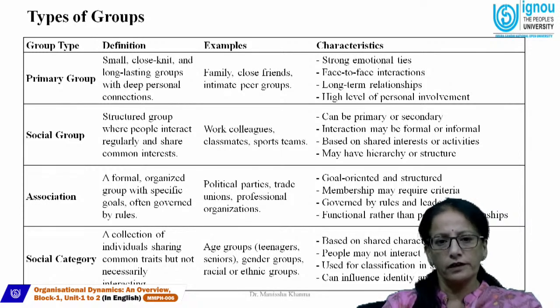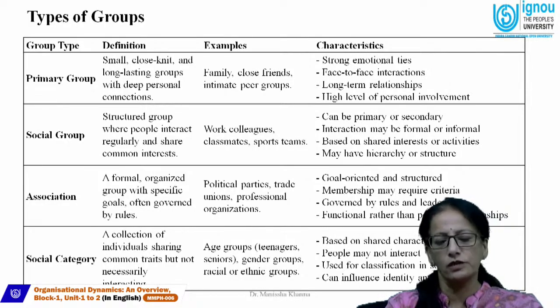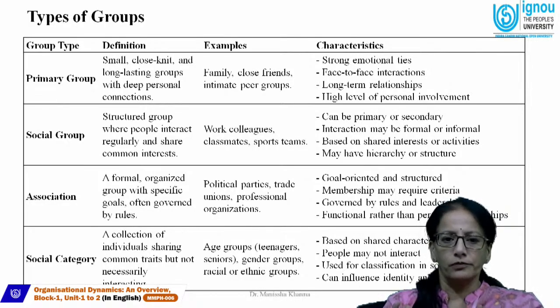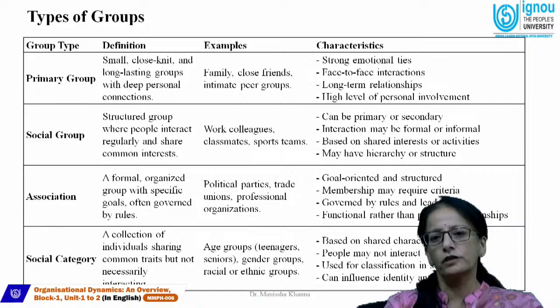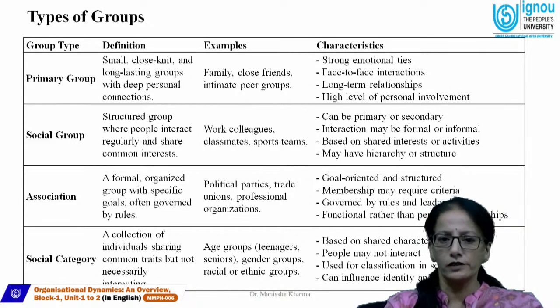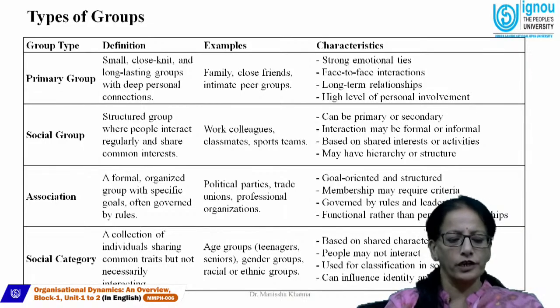Then the fourth category is social category. Social category is seen within age groups, when similar age groups, like teenagers or seniors, come together, because their belief system or their background, their age, even their gender sometimes are similar, and it is a collection of individuals who share common traits.